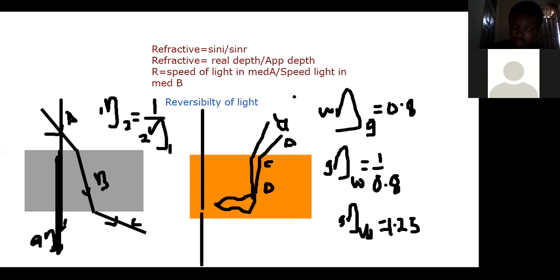I just want to teach you something before we go on. From here, we'll do what we call critical angle. I'm going to take you to total internal reflection. I'm going to do that.